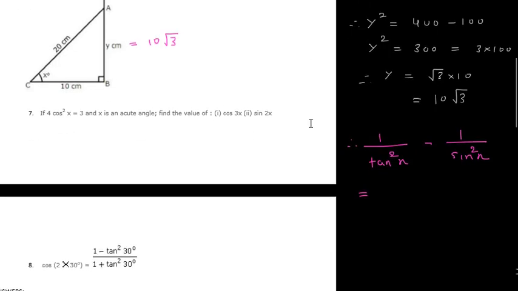So it is 1 upon, here I will write 10 root 3 upon 10 the whole square, minus 1 upon, when I say sin x, it is 10 root 3 divided by 20 the whole square.